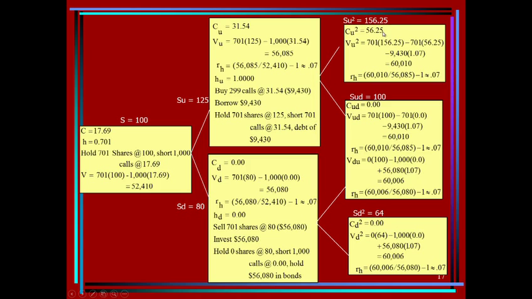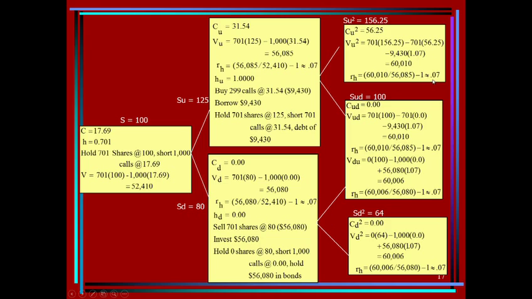Times the prevailing price, and then you have a debt that you have to pay back at the risk-free rate of return, because we always assume that we lend and borrow at the same rate. So you end up with 60,000. 60 over 56,000 is equal to 7%.